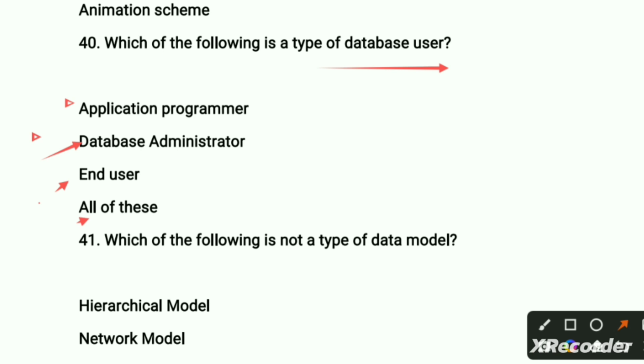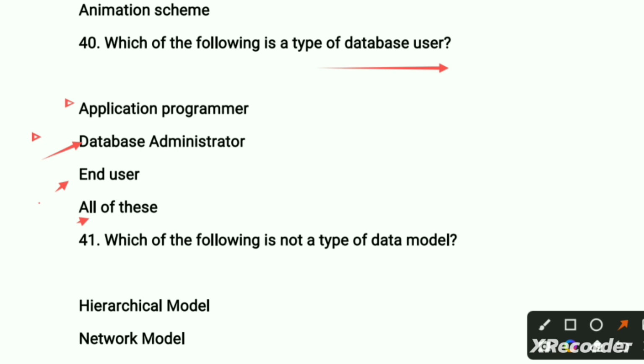If I talk about application programmer, an app programmer usually focuses on business and engineering or science programs. And if I talk about database administrator, basically it is a software to store and organize the data. And if I talk about end users, you all know that end users are the persons who actually use a particular product.